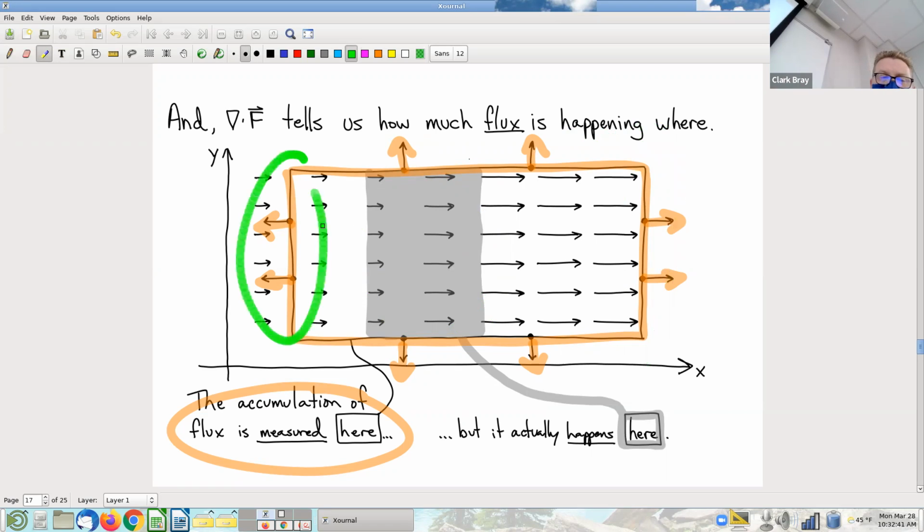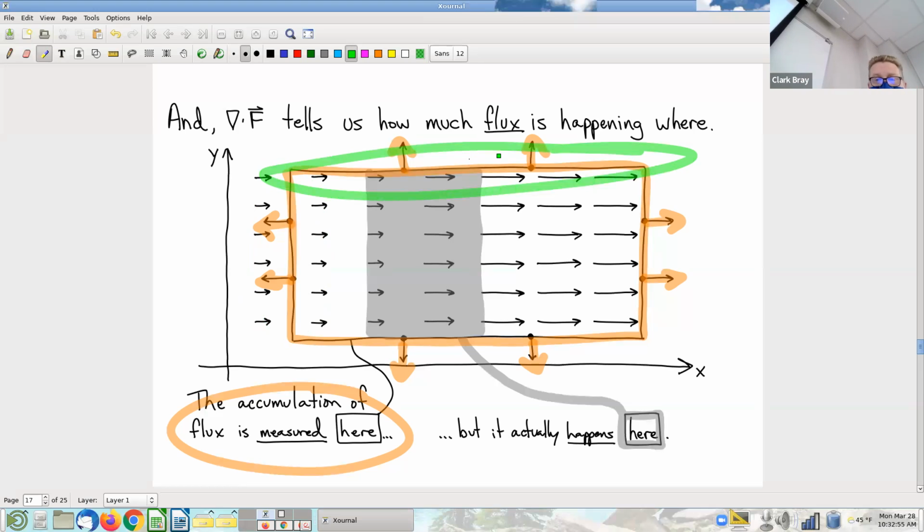There's a small negative flux happening across this left edge. So large positive, small negative. There's going to be a little cancellation, but there's still some positive left over. Of course, the flux is zero across the top and the bottom because the dot product is between two orthogonal vectors. So positive total flux, where is that flux coming from?